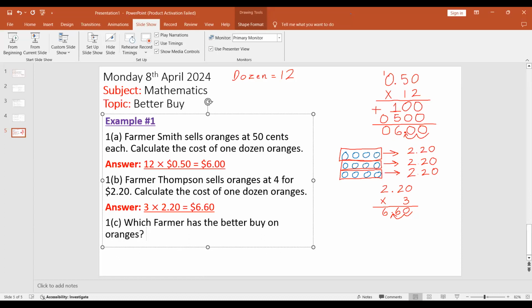If you go inside the shop and you could get 12 oranges for $6, or 12 oranges for $6.60, which one will you go for? Provided that all of them look the same, you might as well get it from Farmer Smith because his price is cheaper.